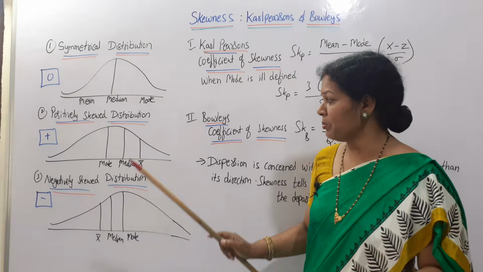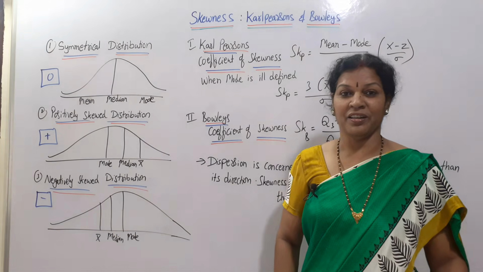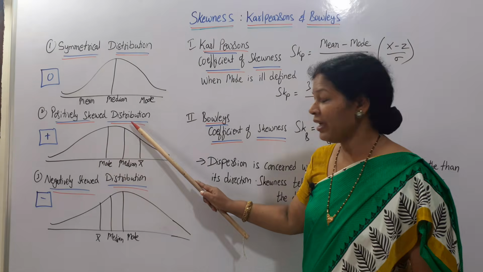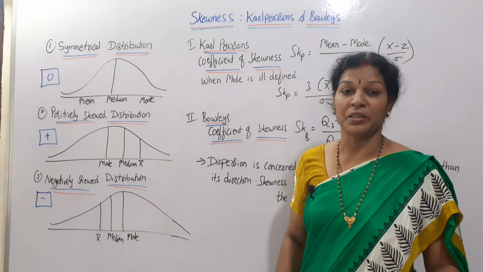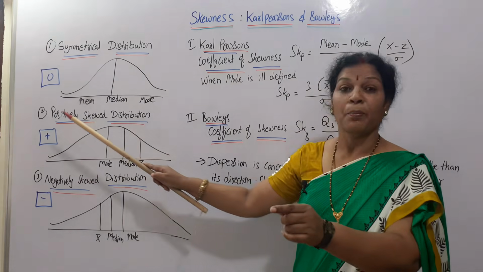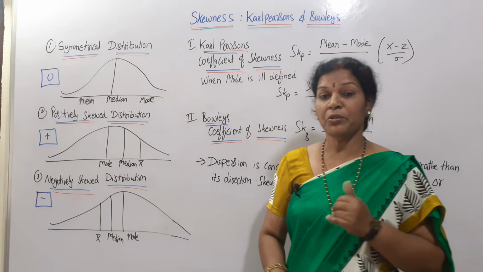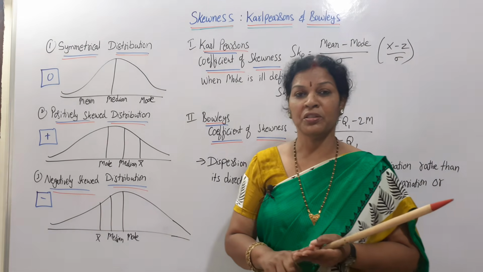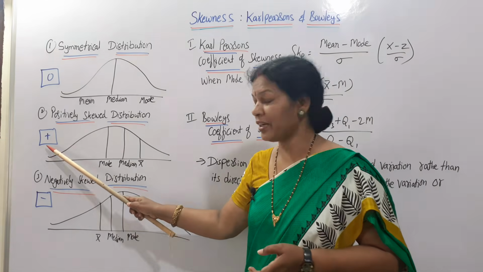The second one is the positively skewed distribution. In this diagram, mode is in the middle, and just to the right side of the mode you can find median and arithmetic mean. Are you getting it? When it is like this, you can say positively skewed distribution. How do you know it is positively skewed?